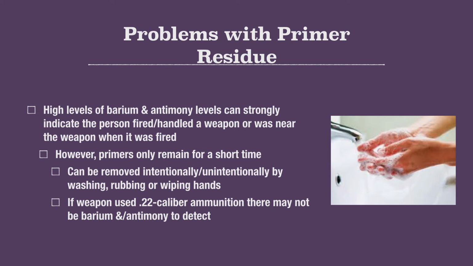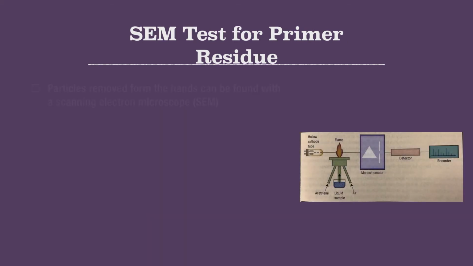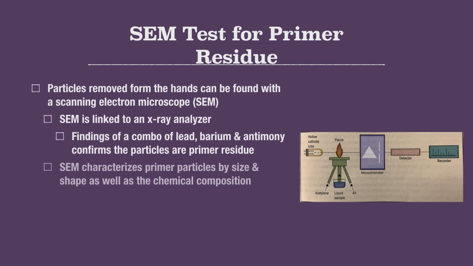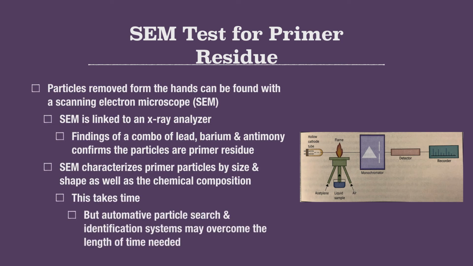They'd need to do a second chemical test for other chemicals in those primers. But particles removed from the hands can be found with what's known as a scanning electron microscope, SEM.